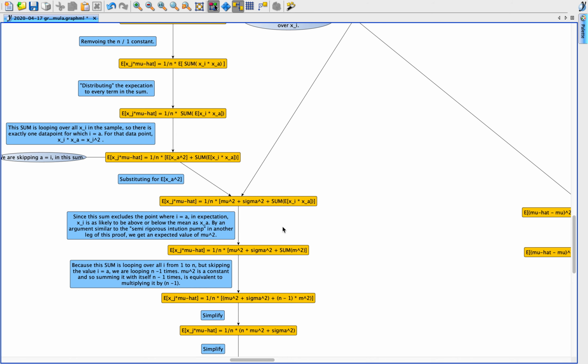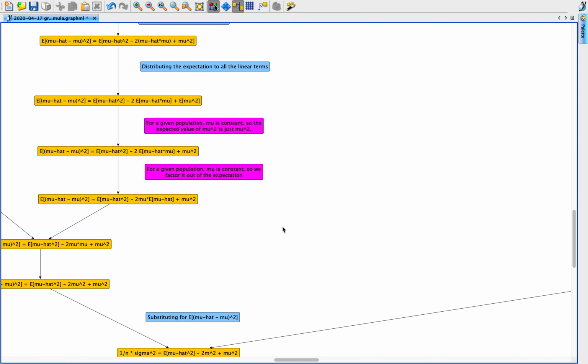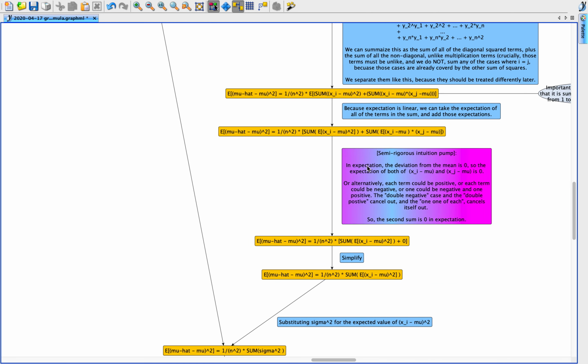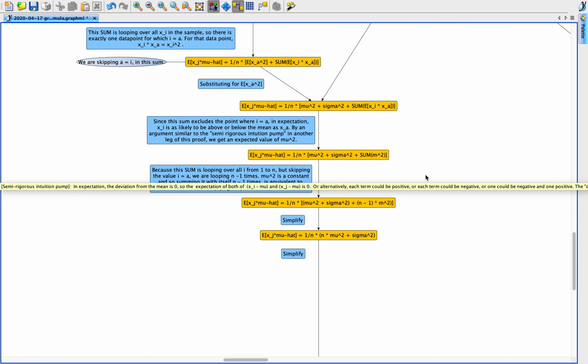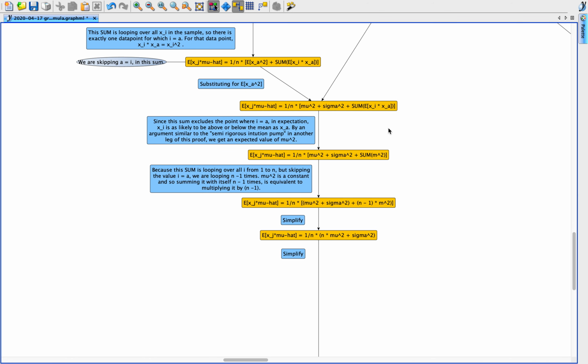Intuition pump. In another leg of this proof, that's this one. If we had kept in the place where the thing is squared with itself, the squaring with itself is sort of a maximizing thing to do. For one thing, it makes things positive.